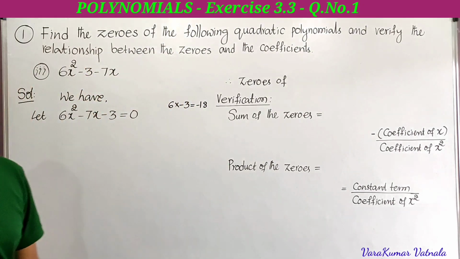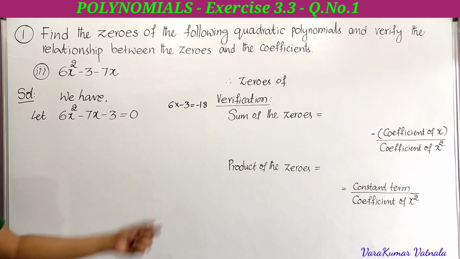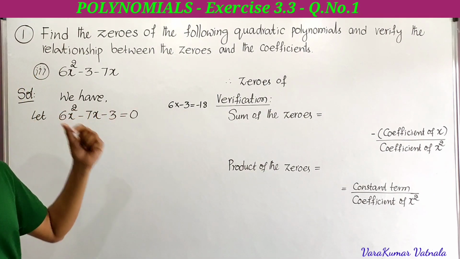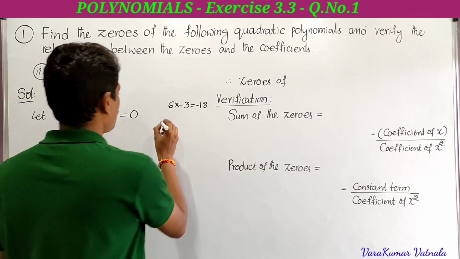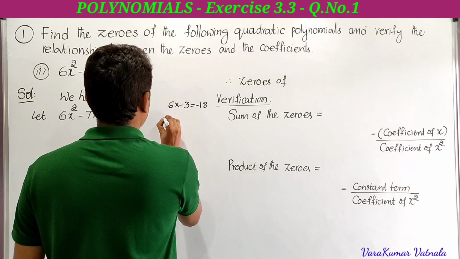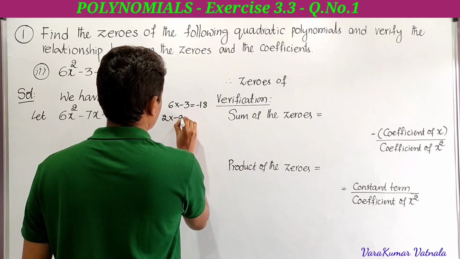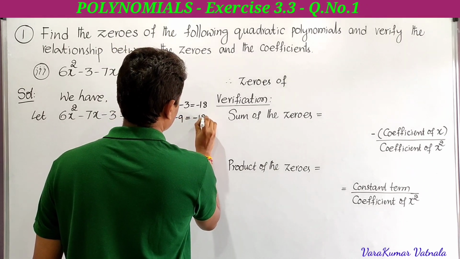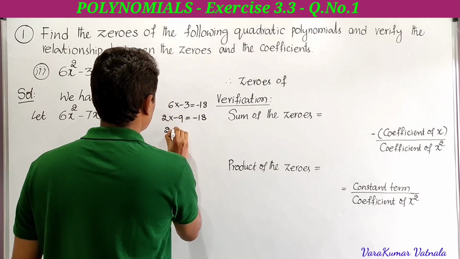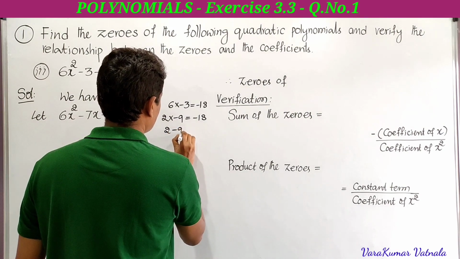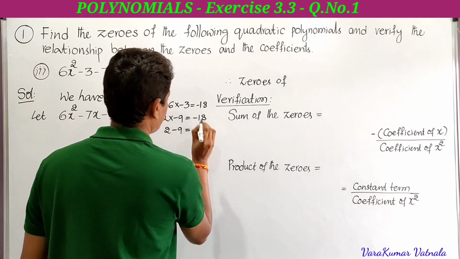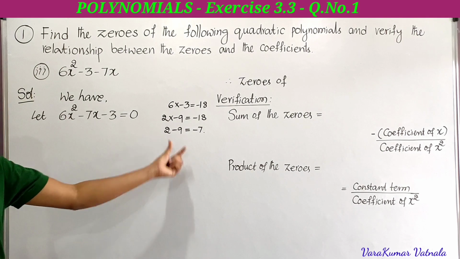Now we have to select the factors of 18 whose product is −18 and sum is −7. Taking 2 × (−9) = −18, and 2 + (−9) = −7. So these two are the factors.